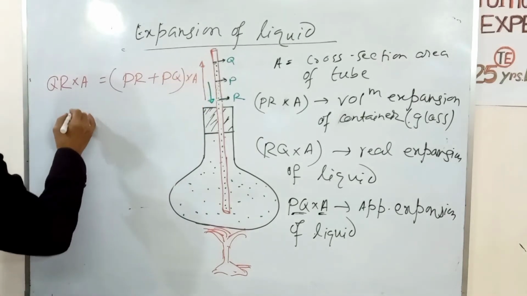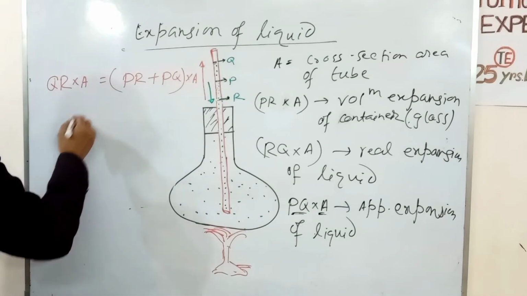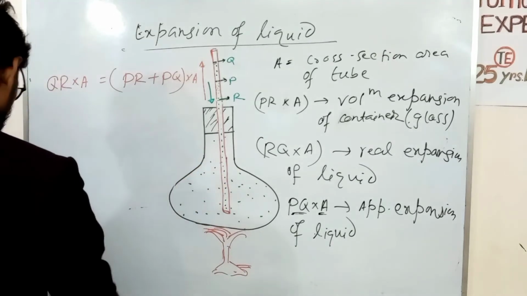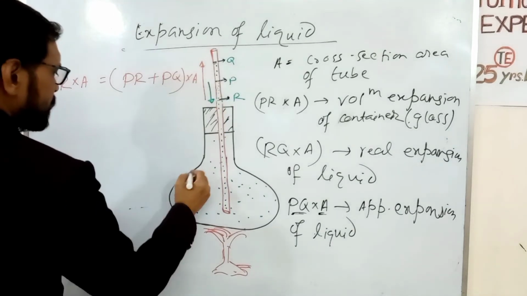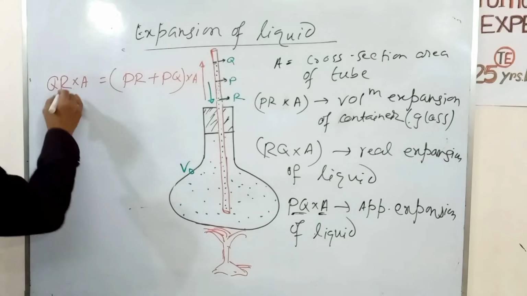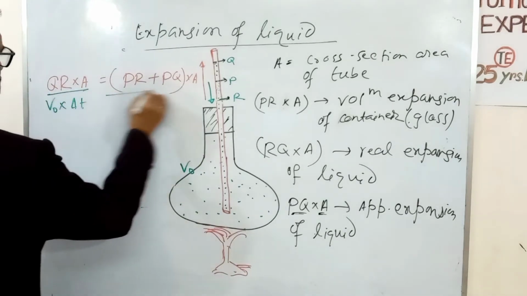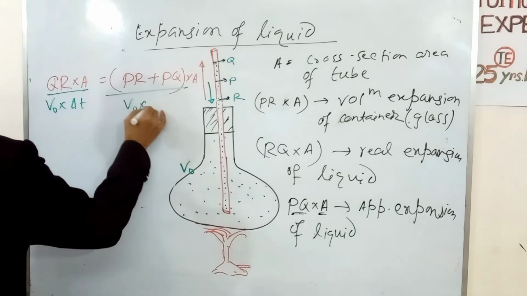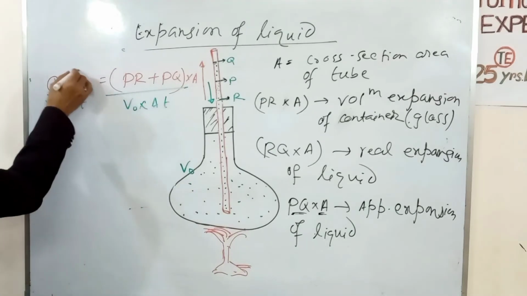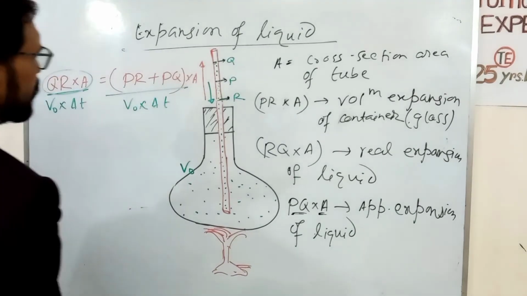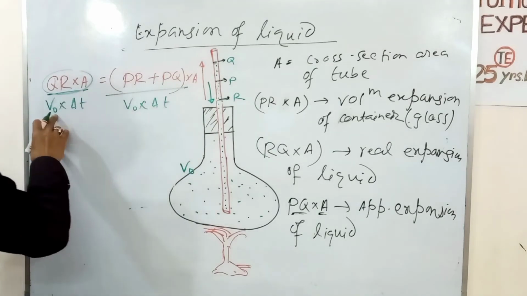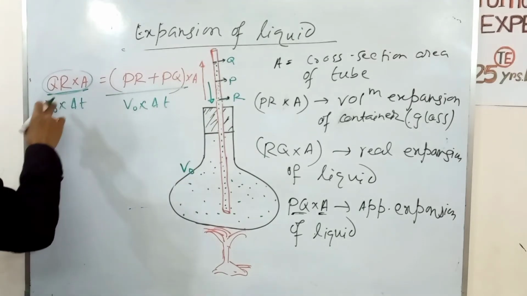Now if the initial volume of the container and liquid is V0, divide both sides by V0 into del T, the temperature rise. QR into A divided by V0 del T is the real volume expansion, V0 being the original volume.